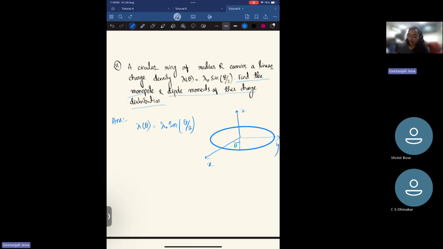Okay. So for continuous charge distribution, we need to take the integration. The monopole moment, if you recall, is rho dV if you have a volume charge, but for a line charge, Q will be the integral of lambda dl.